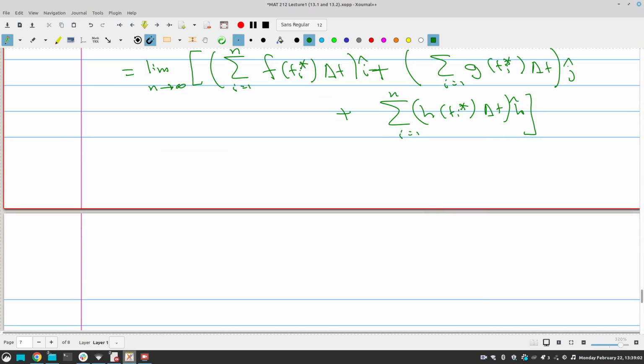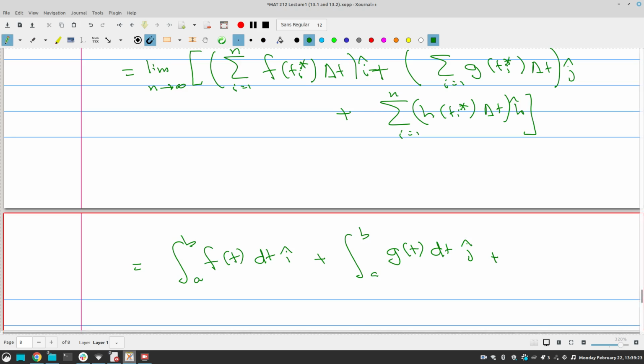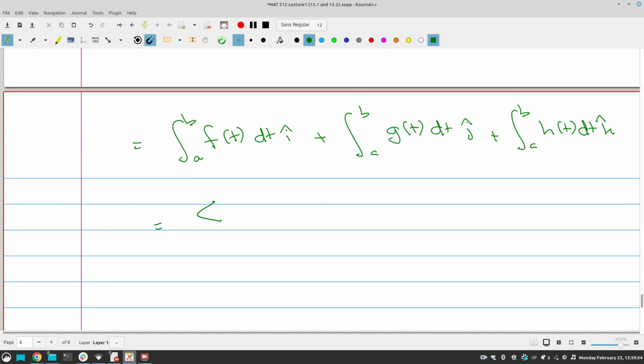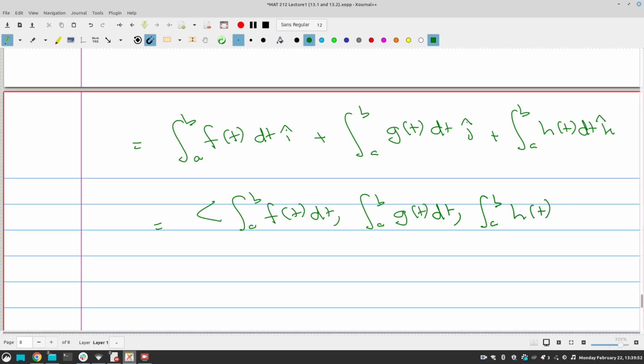This is exactly the same as the integral of f of t dt i hat plus the integral of g of t dt j hat plus the integral of h of t dt k hat, or in vector notation, the angle brackets of these integrals.